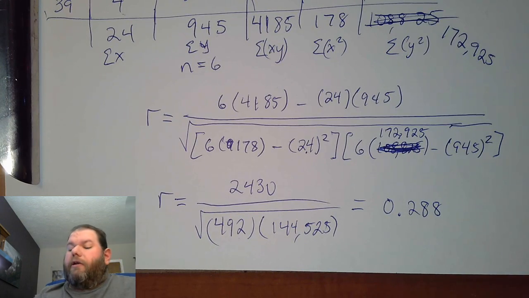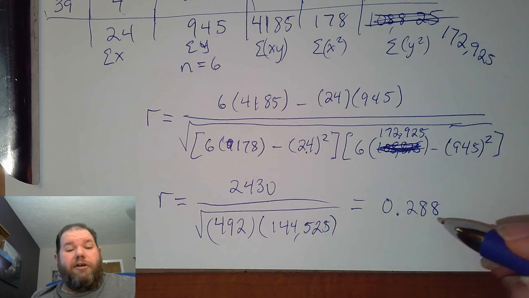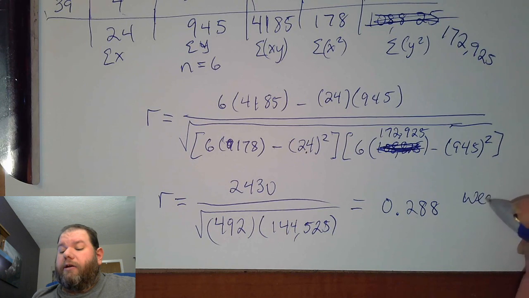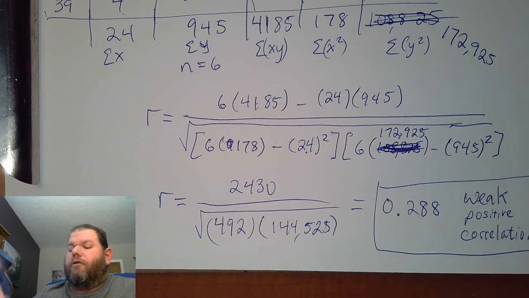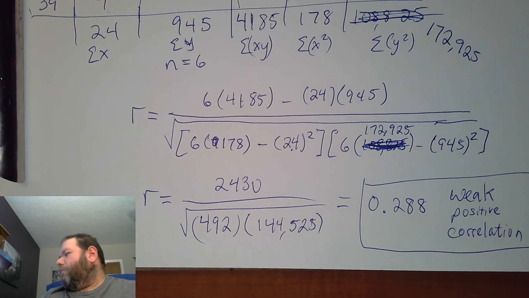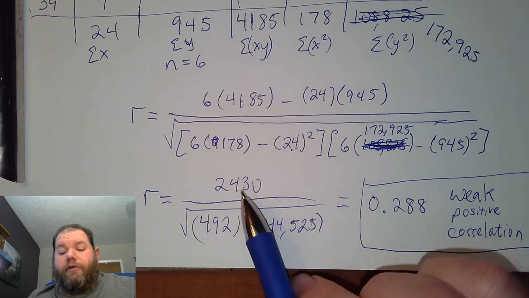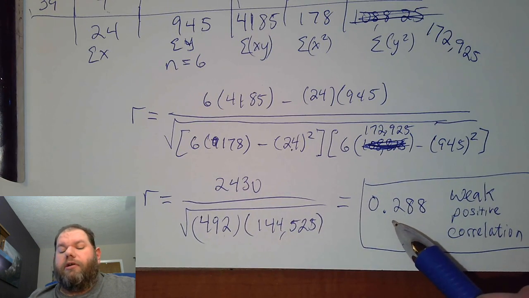Okay, so this is our correlation coefficient, and just looking at this, this is a weak positive correlation. It's possible that this number on top is negative, in which case we'd end up with a negative correlation.